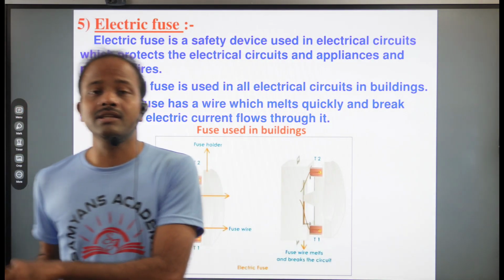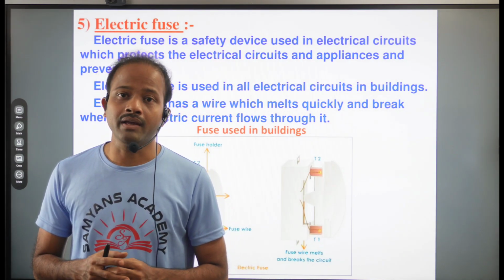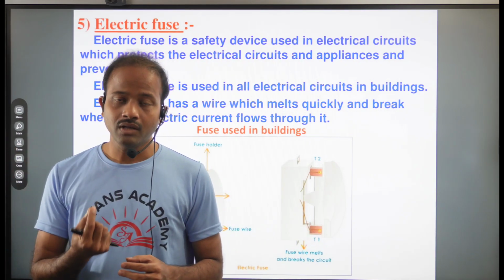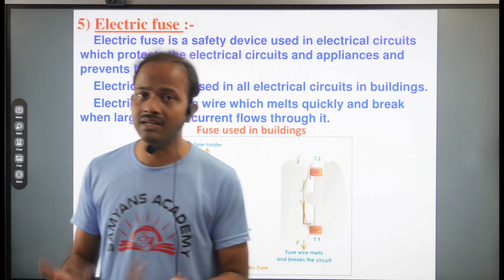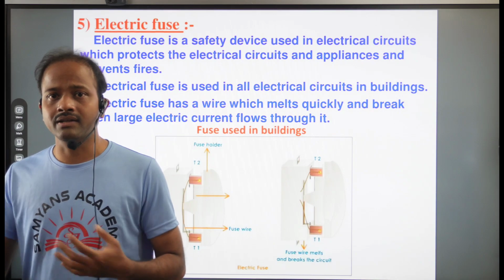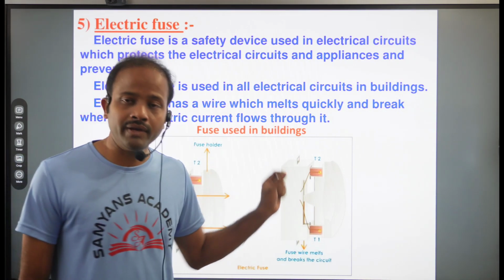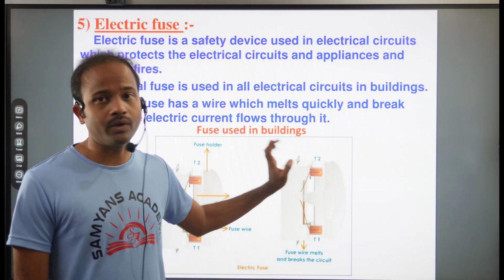If excess electricity is passed into our home, it may damage all appliances connected in the electric circuit. Suppose excess current flows, then monitors get damaged, TV gets damaged, and everything connected in the electric circuit will get damaged. So it does not allow the excess electricity through.